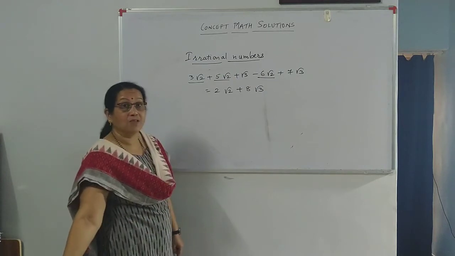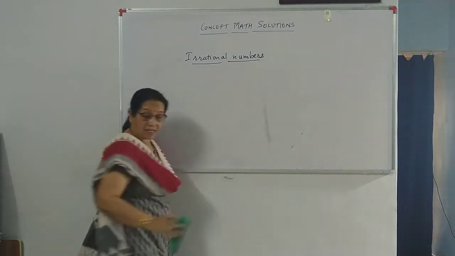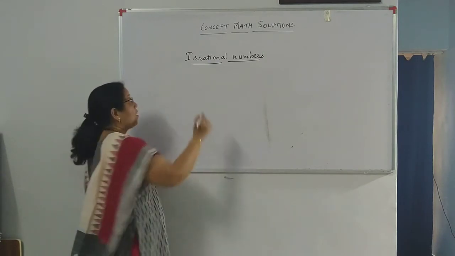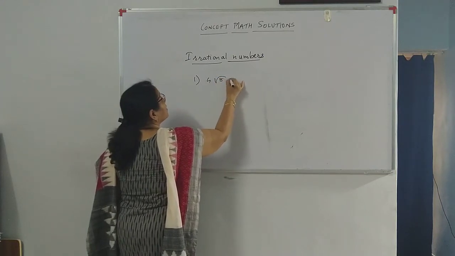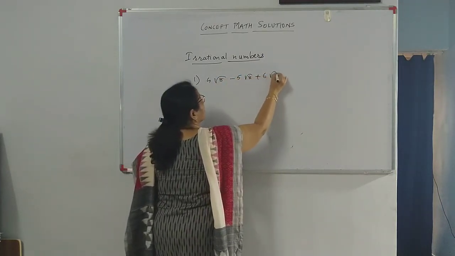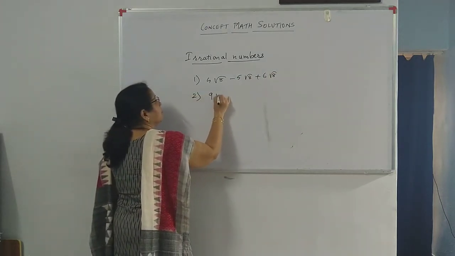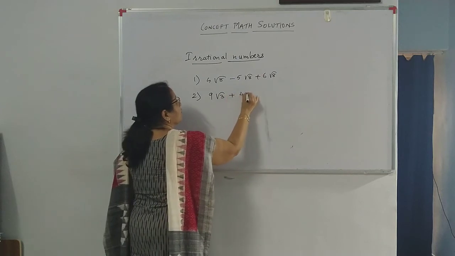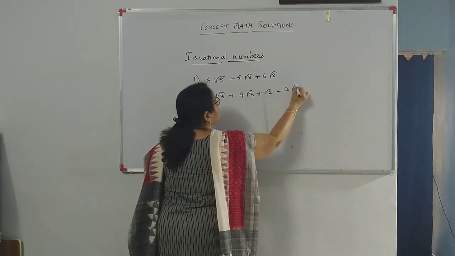So I am giving you some questions for addition and subtraction of these irrational numbers which you are going to work on your own. So 4 root 8 minus 5 root 8 plus 6 root 8. All of you work on it. Then 9 root 3 plus 4 root 3 plus root 2 minus 2 root 5.